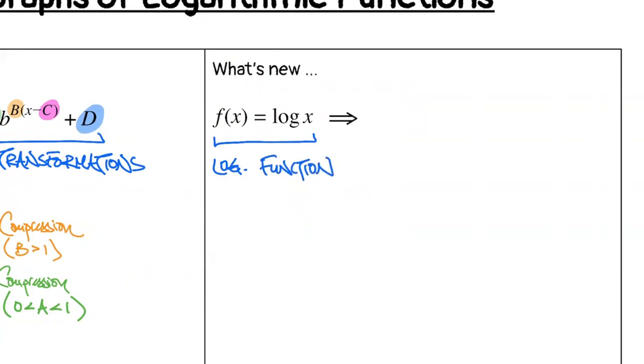Okay. Now, I do want to ask a question, which I think if you watched the rest of the 4.3 video, you may know the answer to, but if you did not, you may not know this answer. So here's my question to you. Is log x a common log or a natural log?